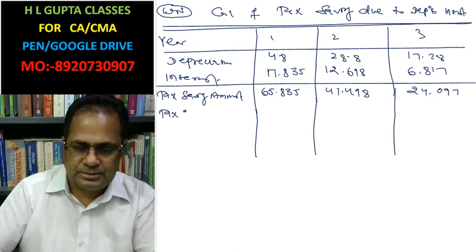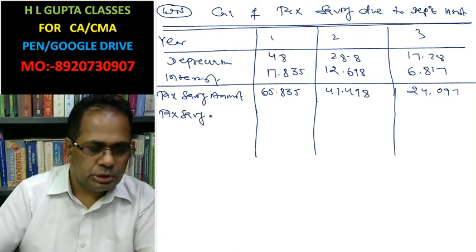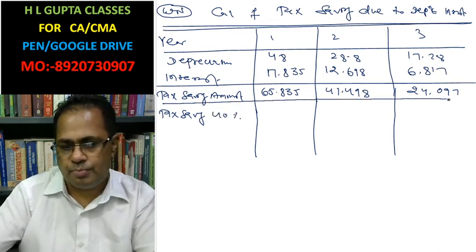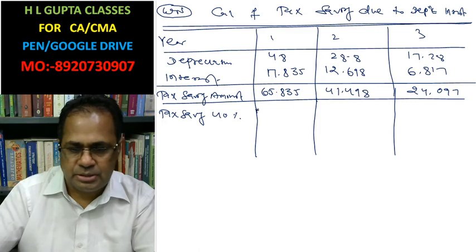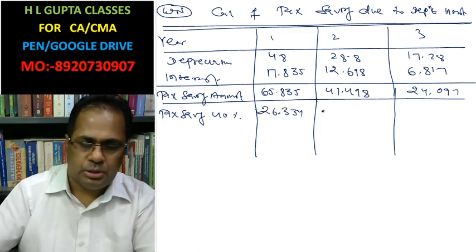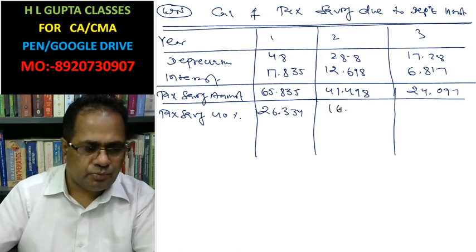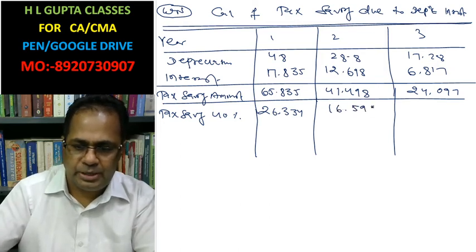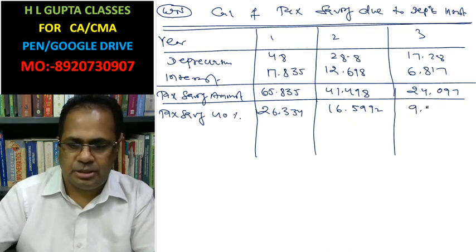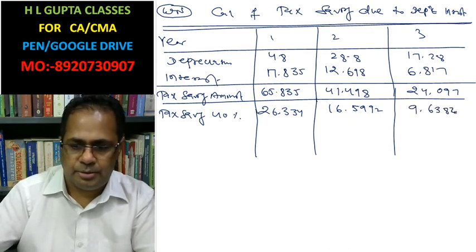Tax saving at 40%: 26.334, 16.5992, 9.6388.